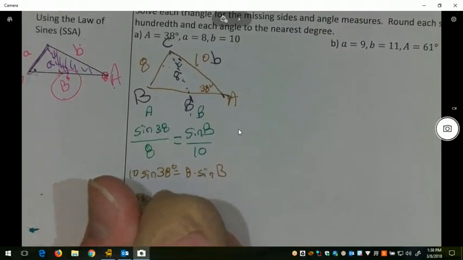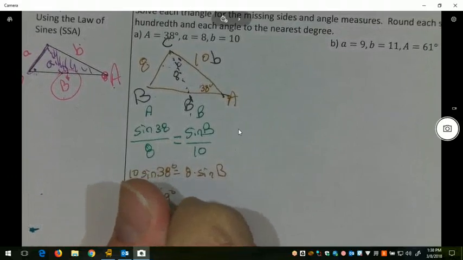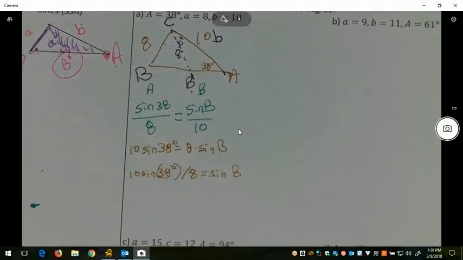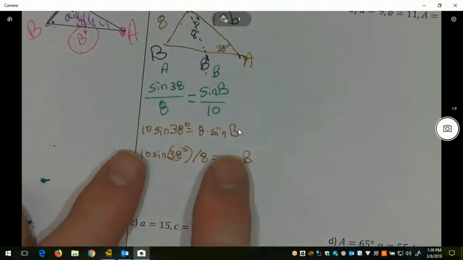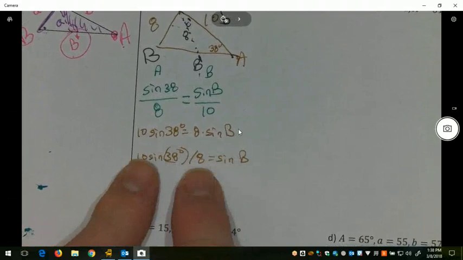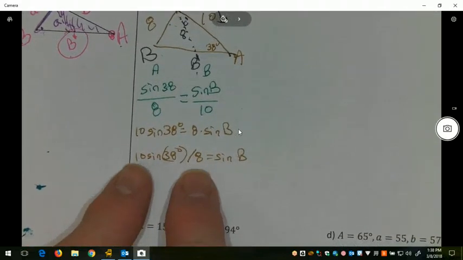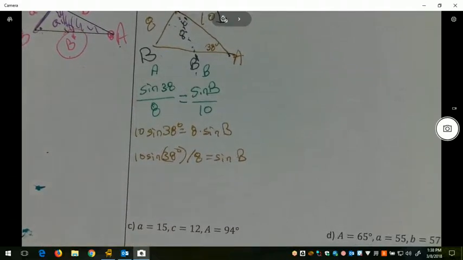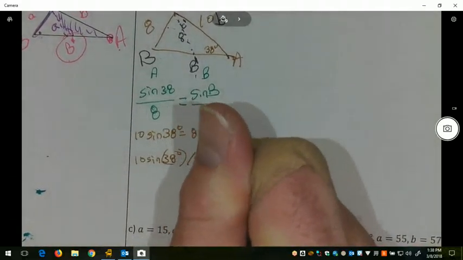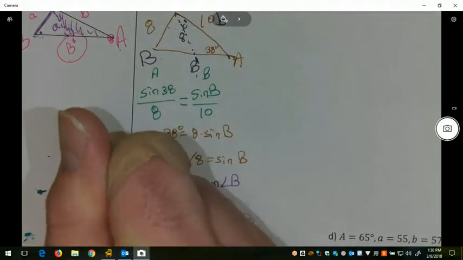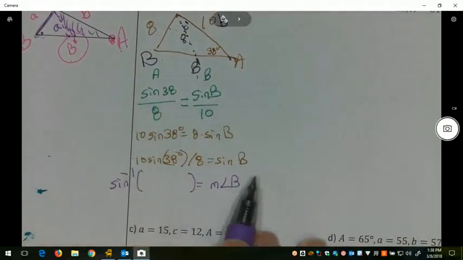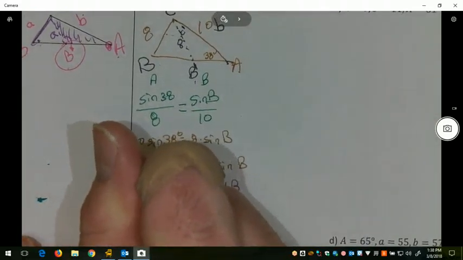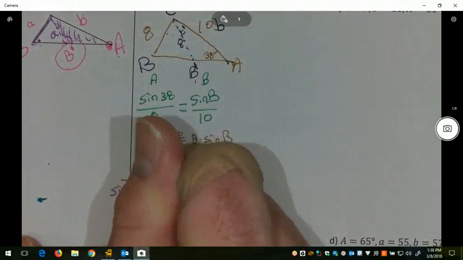We now have 10 times the sine of 38 degrees divided by 8 equals the sine of angle B. Well, if the sine of angle B is this ratio, by the way, there's a ratio within that ratio, then to find the angle, we have to use the inverse. So the measure of angle B will be sine inverse, we'll use that to get rid of the sine, of the 10 times the sine of 38 degrees divided by 8.